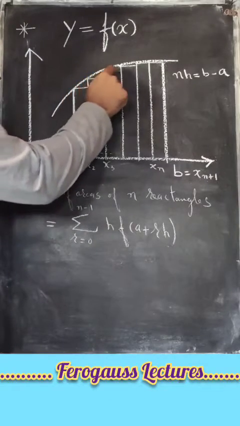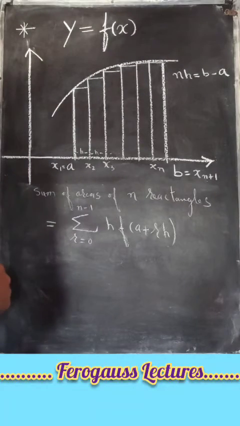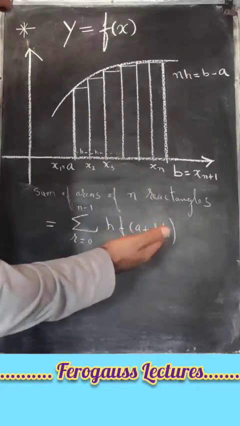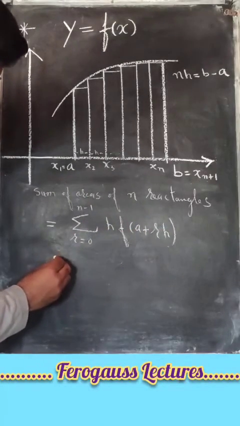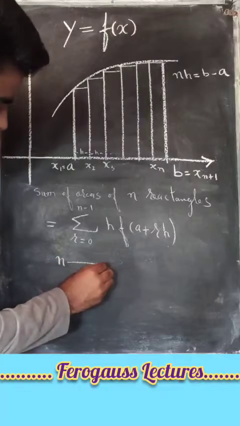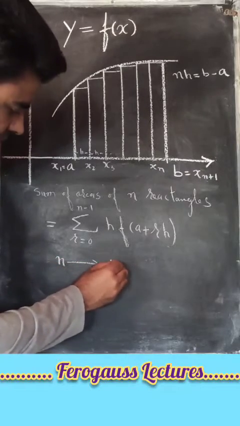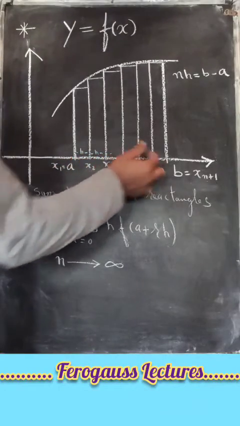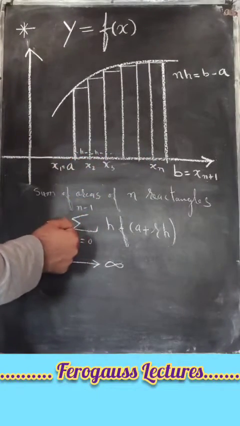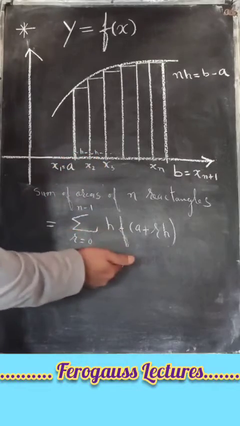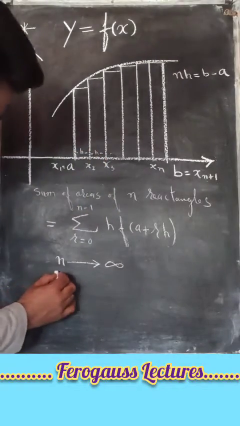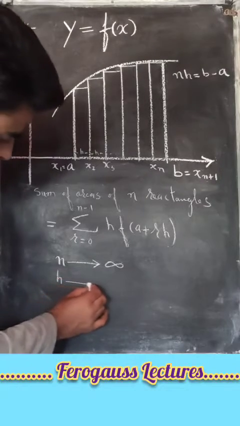Now if we increase the number of rectangles, that is if we take n very large, or when n approaches infinity, in that case width of each rectangle is reduced, h becomes very small, h approaches 0.